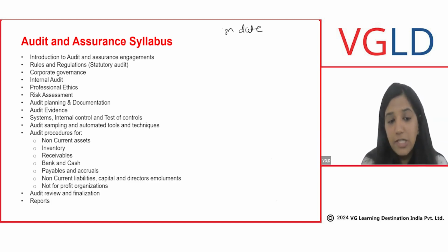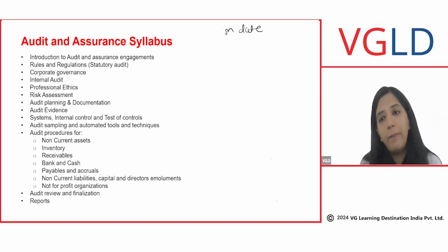Coming to audit procedures, so if we think of a balance sheet or your P&L account, because you are financial auditors, right? So what are all the components in a balance sheet? Your non-current assets, your current assets, which includes your inventory, your receivables, which are your debtors, your bank and cash, payables and accruals, your current liabilities, non-current liabilities, your equity, your directors' remunerations.